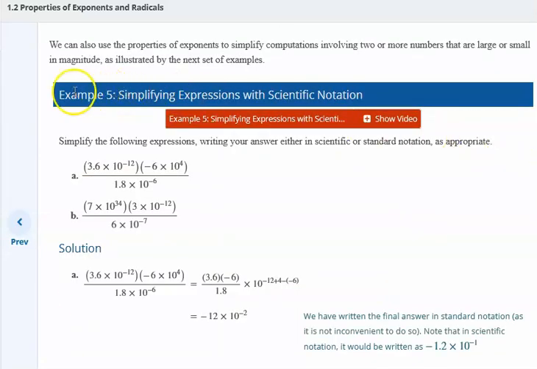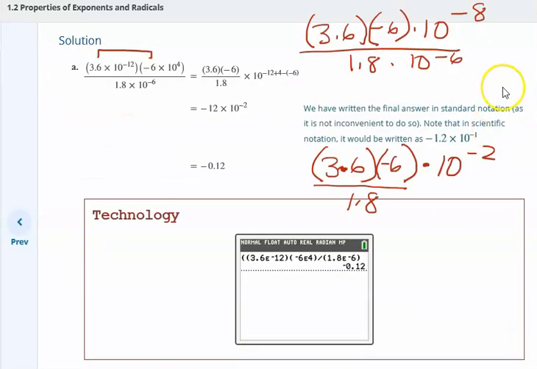Now for example 5, I'm going to go right to the example number here. And as we see it, we're going to multiply this part by this part, which I'm indicating here. And we multiply this part by this part, where we just do the subtraction of the exponents. So a negative 12 and a positive 4 gives me a negative 8. So this is what my top line simplifies to.